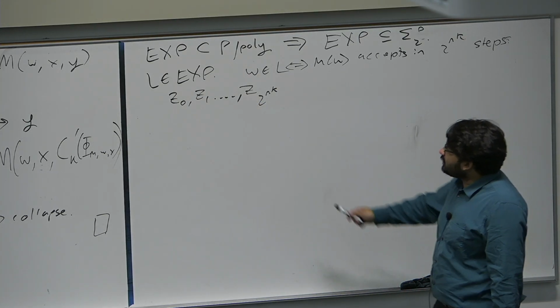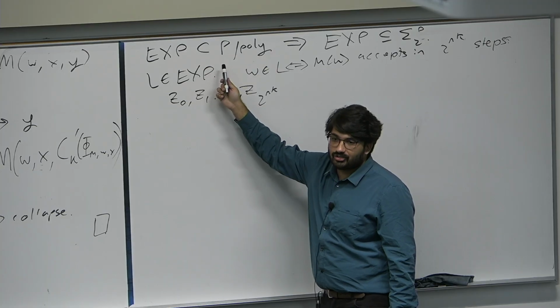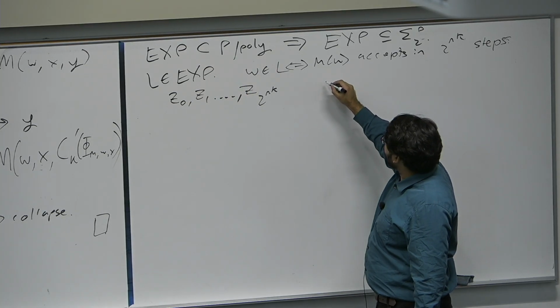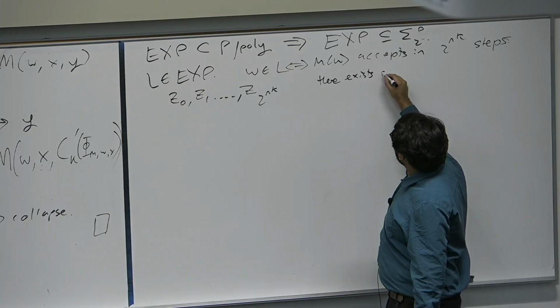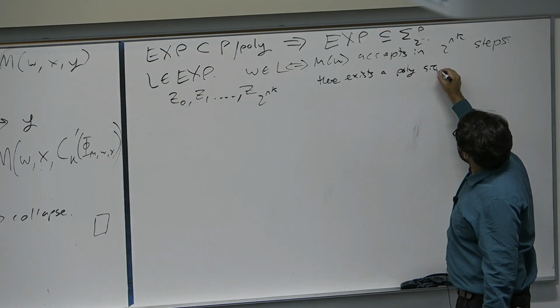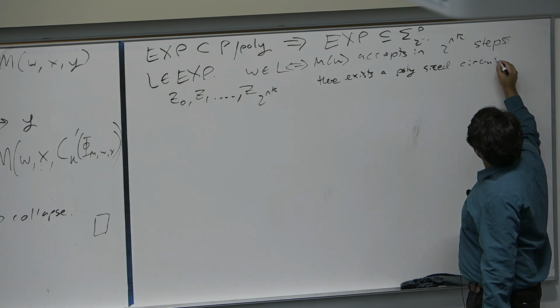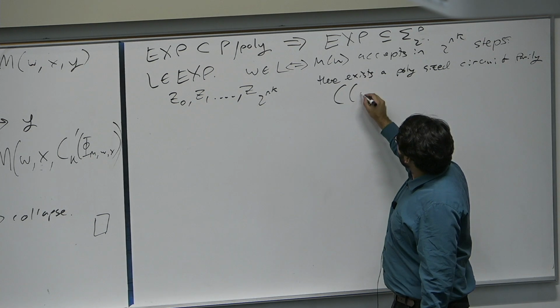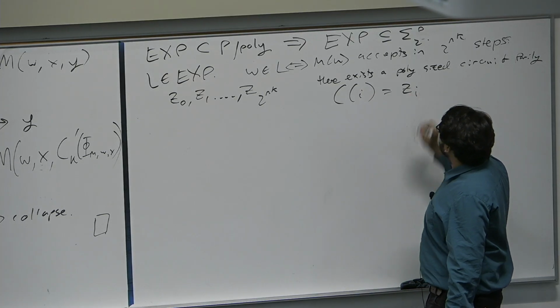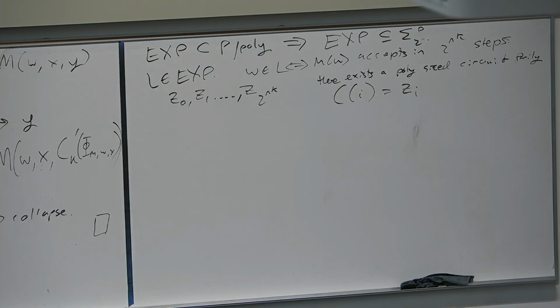But if EXP, exponential time, has polynomial-sized circuits, then we can say there's a polynomial-sized circuit family such that C of i will output the i-th configuration. That is a bold claim, but it's okay. How many input wires should such a circuit have?